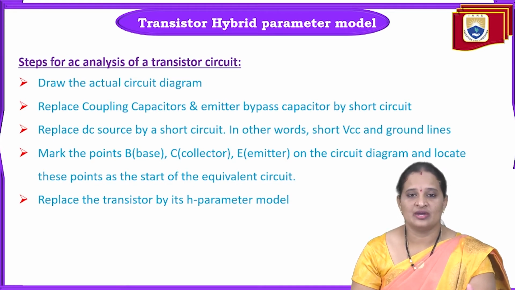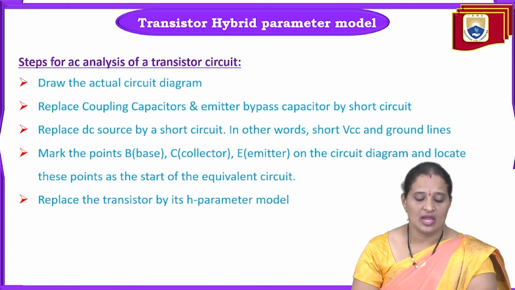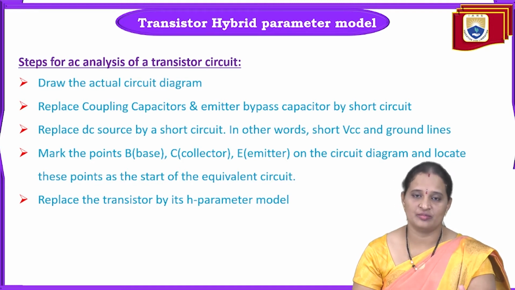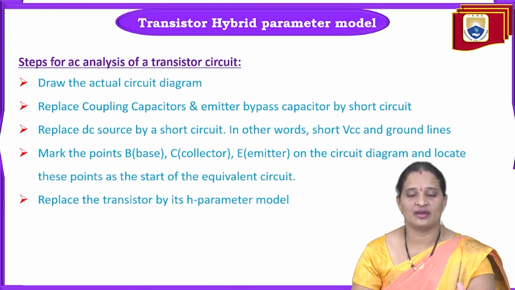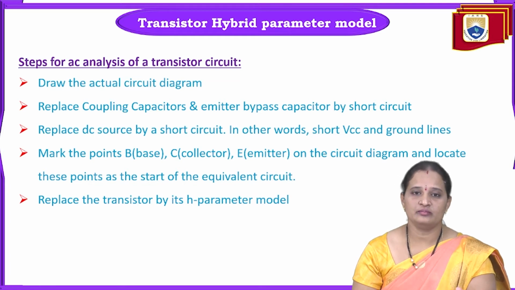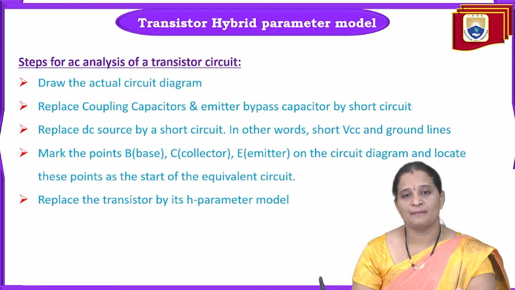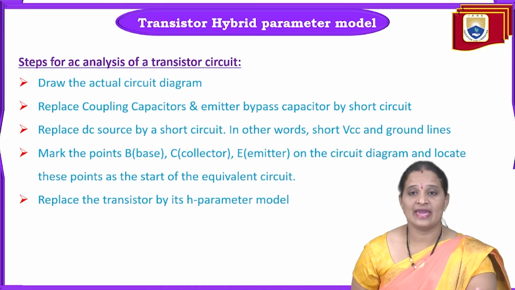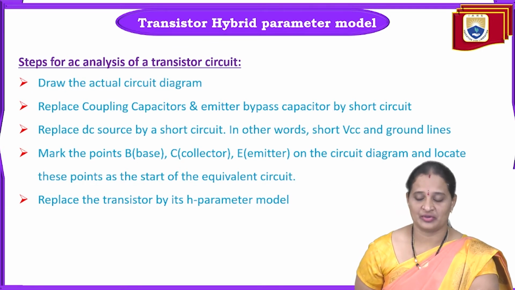The third step is to short circuit the DC supply voltages, or connect the DC sources to ground. Next, identify the terminals of the transistor, that is emitter, base, and collector, in the circuit diagram, and locate these points in the equivalent circuit. Finally, replace the transistor by its H parameter model. These are the steps to be followed whenever we are doing AC analysis for any transistor circuit.